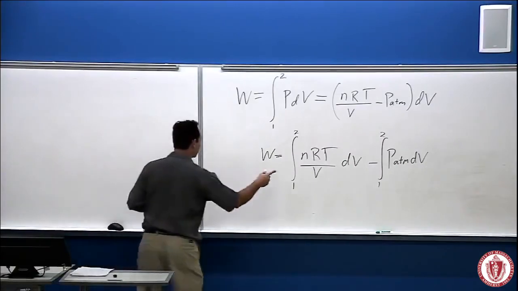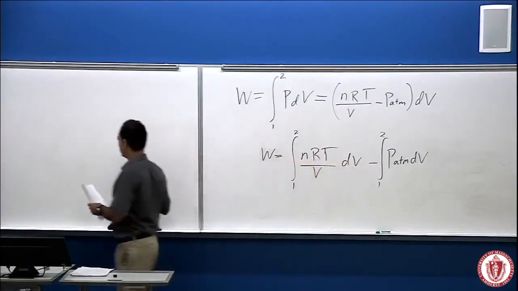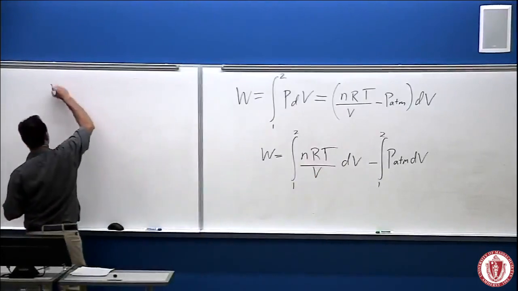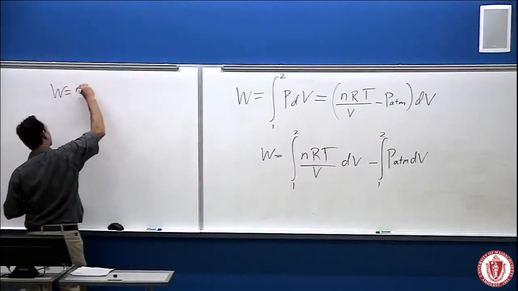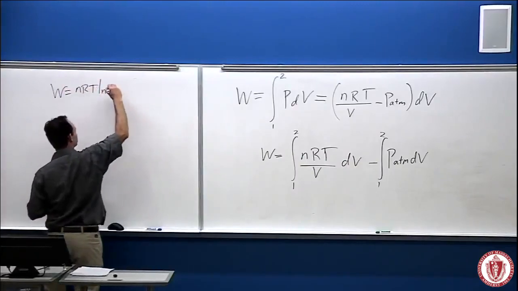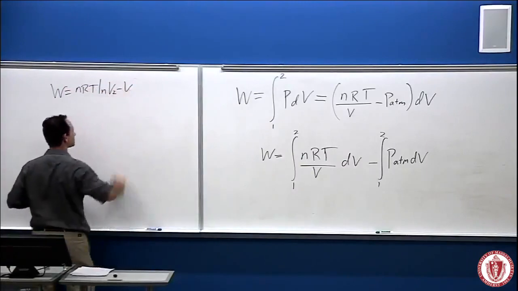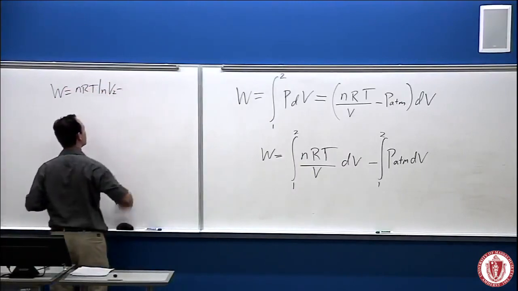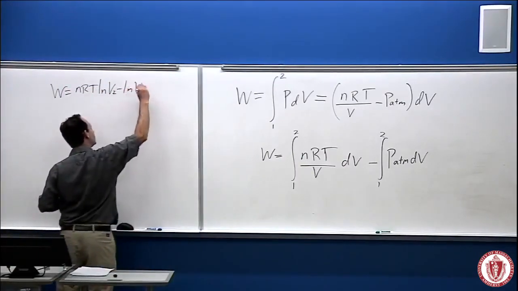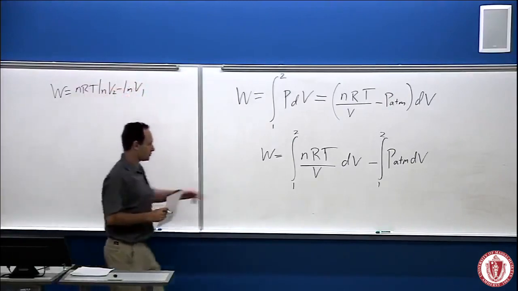So this just becomes nRT times the integral of dV over V. And so that is just the log of V. All right, so that is the first integral.